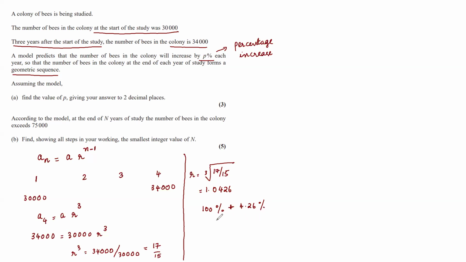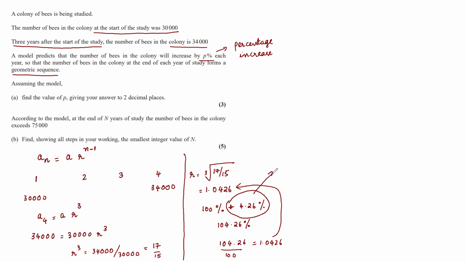So 100 percent plus 4.26 percent is 104.26 percent, which is 104.26 when we represent it as a fraction. So this will be 104.26 divided by 100, which will give you 1.0426. That is the common ratio. So here there is a 4.26 percent increase each year.